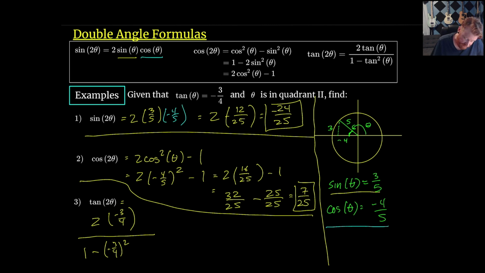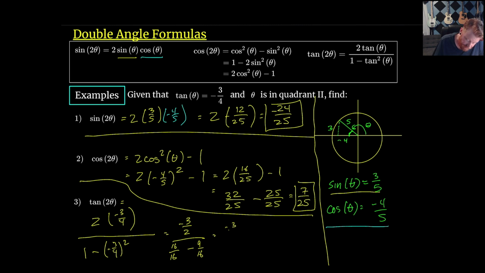All right, and now we can simplify this. This is going to give us -3/2 in our numerator, and it's going to give us a 1. I'm going to rewrite that 1 in just a second, because on the right-hand side, this is going to give us 9/16. So just to get a common denominator, let me write 1 as 16/16.